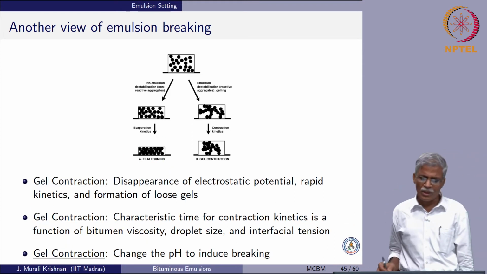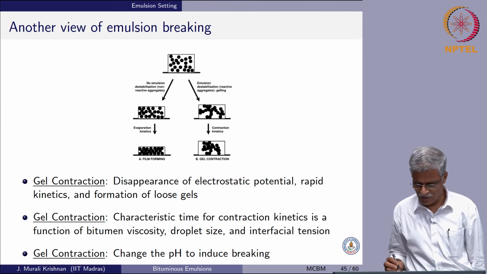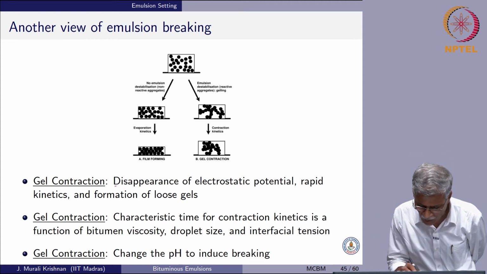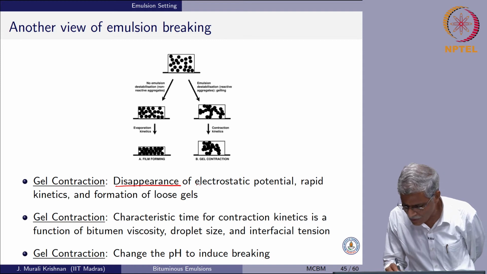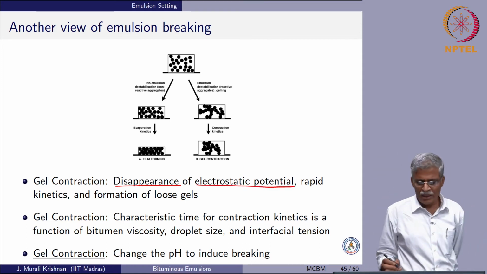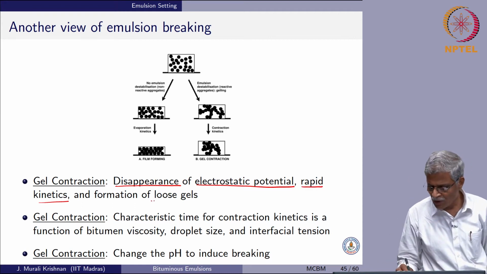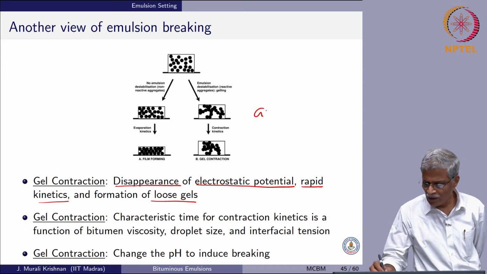If I am talking about the gel contraction, and again I have put the keywords here so that it will be easy for you to follow: disappearance of electrostatic potential, and then rapid kinetics and formation of loose gel, okay, gel.